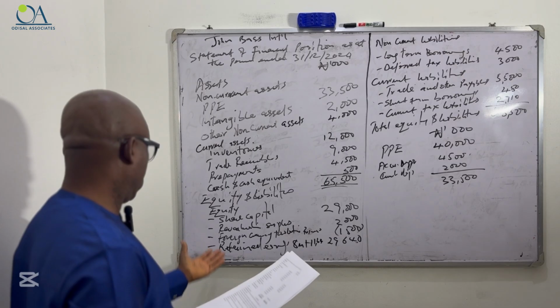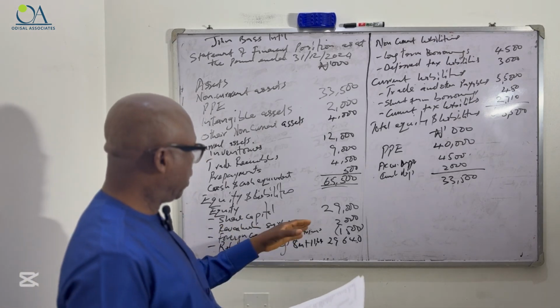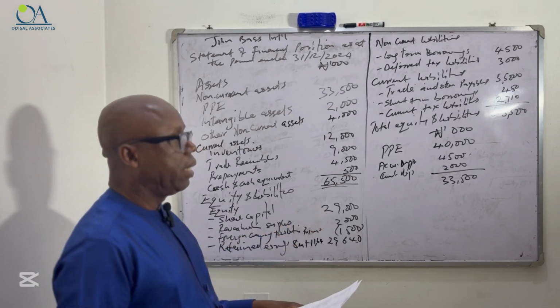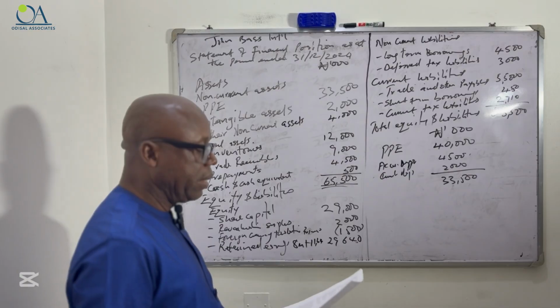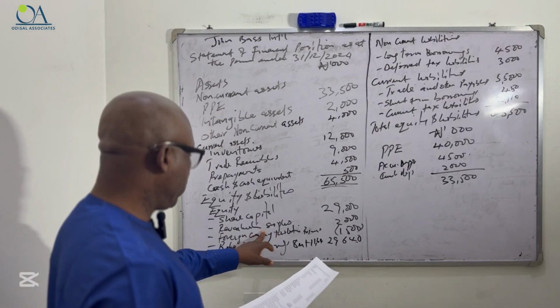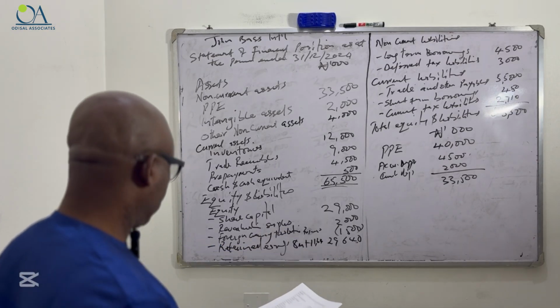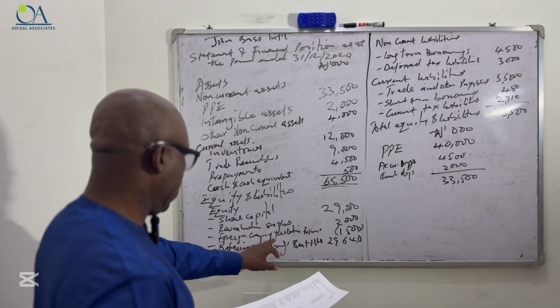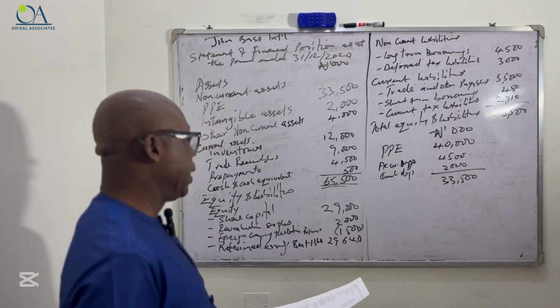Equity first. Share capital. The share capital, we added the ordinary share and the preference shares to make it 29 million. And then revaluation surplus of 2 million. And foreign currency translation reserves of 1.5 million, which is negative.